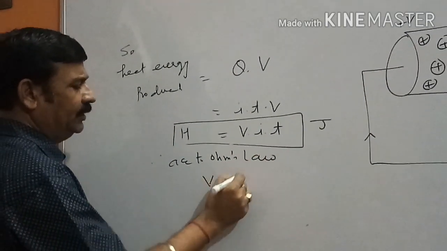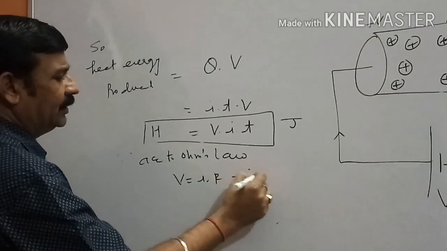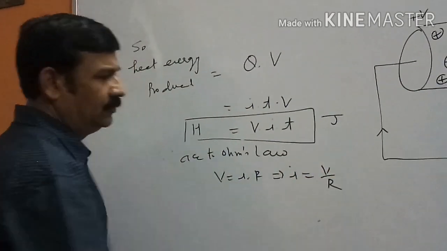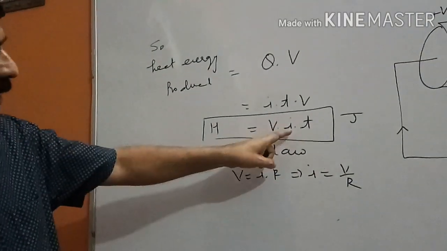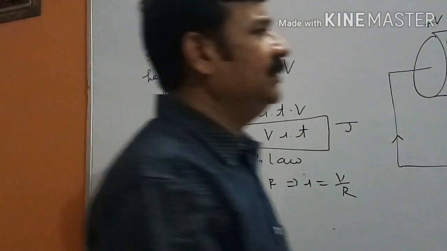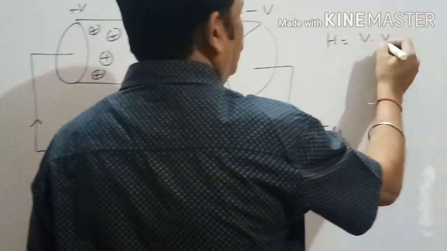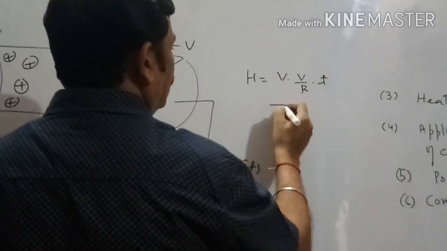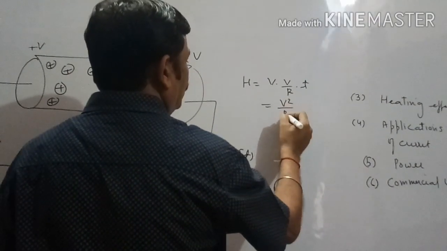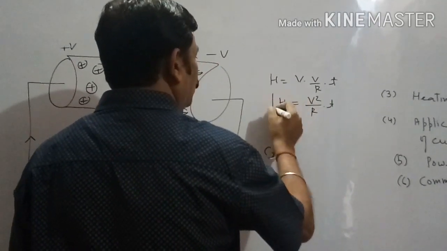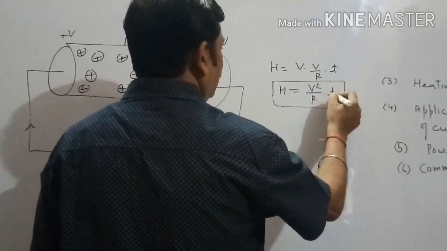V is equal to I into R, which implies that I is equal to V by R. So if we place I is equal to V by R here, we get the second expression for heat energy as V into V by R into T, that is V square by R into T. This is the second expression to calculate heat energy. This will also be in joule.